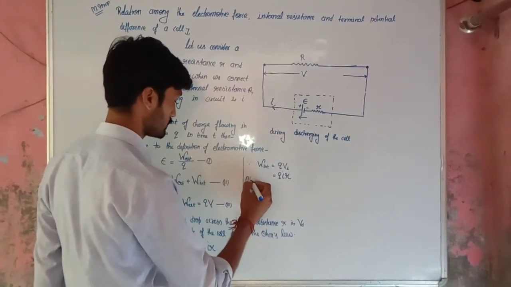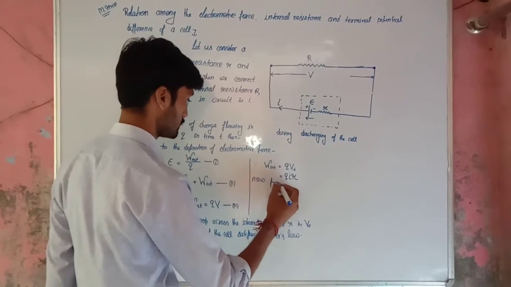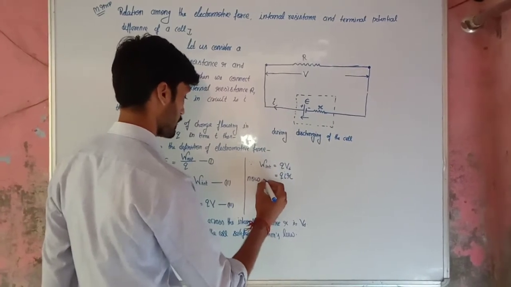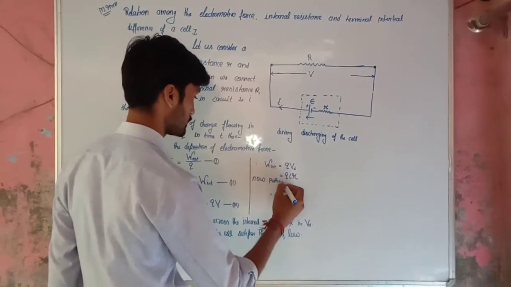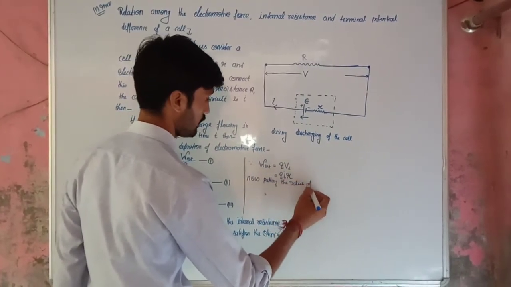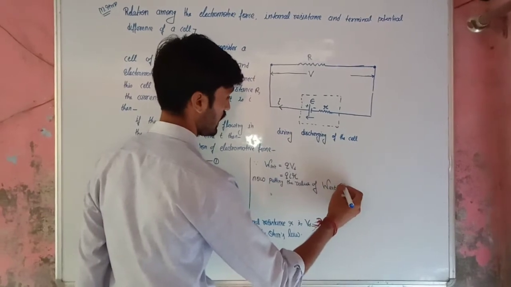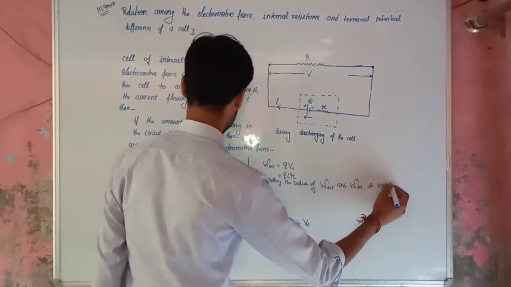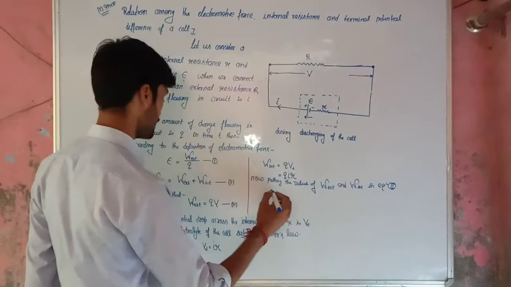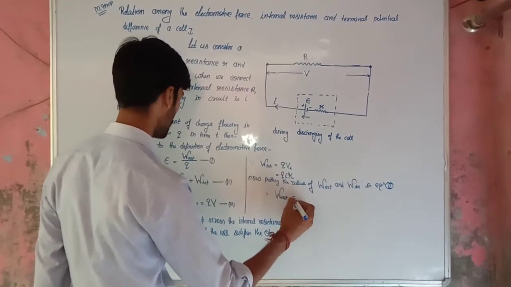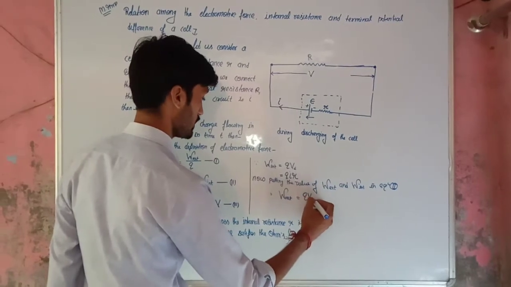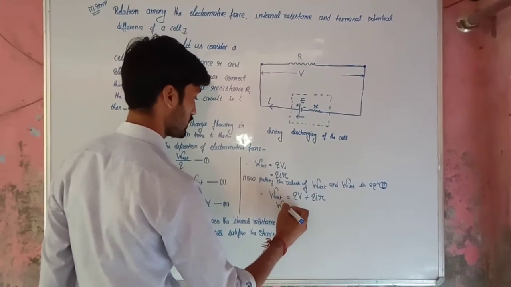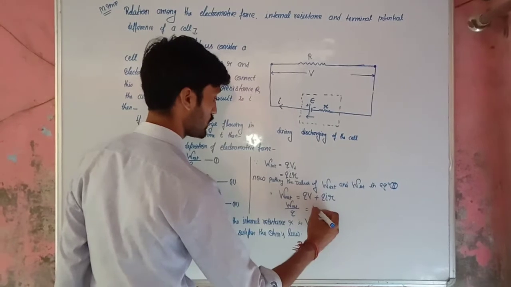Now putting the value of W external and W internal in equation second, then we get W net equals QV plus Q into I r, which is nothing but W net divided by Q equals V plus I r.